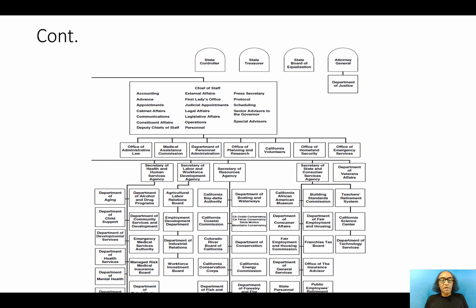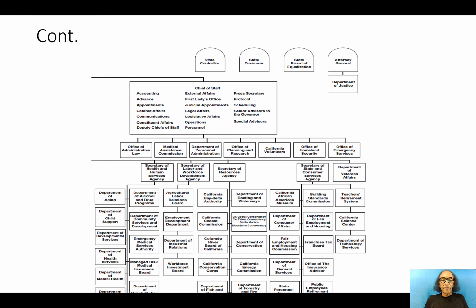As you can see, continuing with that chart, you'll see that this is the Chief of Staff. That would be the Chief of Staff for the governor. And you can see a number of offices under the Chief of Staff, beginning with accounting, special advisors, press secretary, including also the First Lady's office.